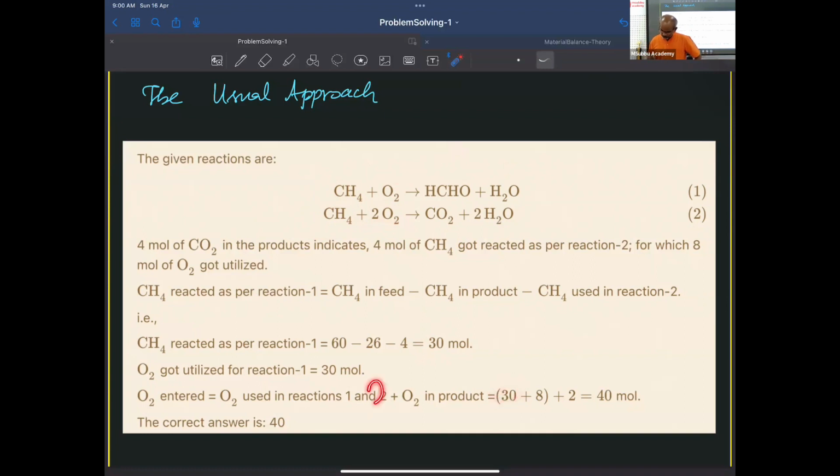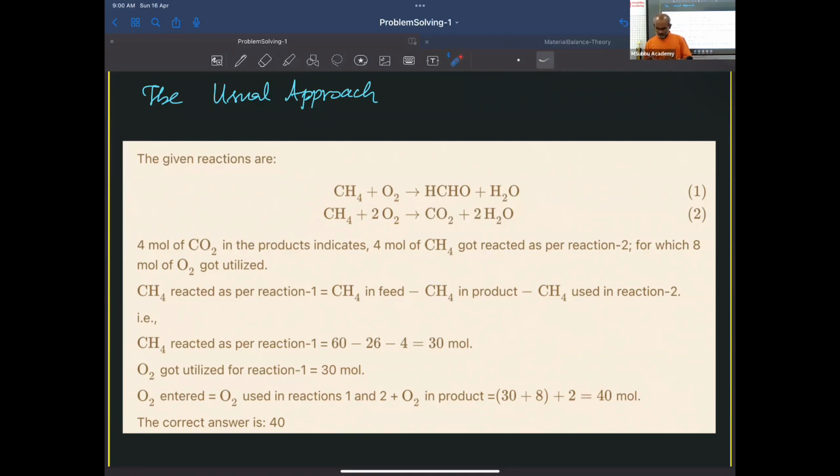For the second reaction, 4 moles of CH4 is undergoing reaction, so for 4 mole, we need 8 moles. So O2 entered equals O2 used for 1 and 2, which is 30 plus 8, and O2 in the product, which is given as 2. So we can solve for O2 entering, which is the answer, 40 mole.